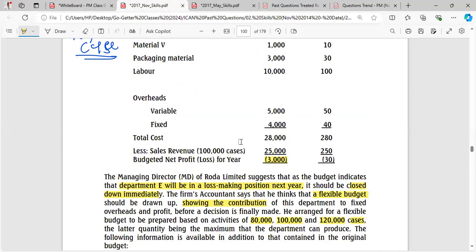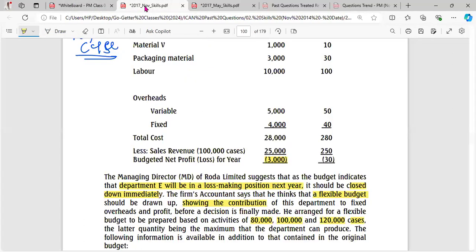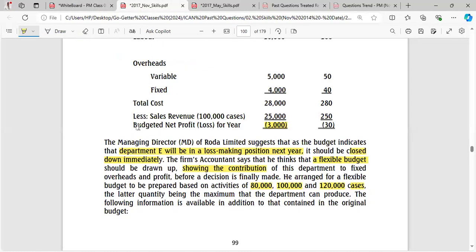Then we'll have our total costs. Then the next thing we will have is sales revenue.